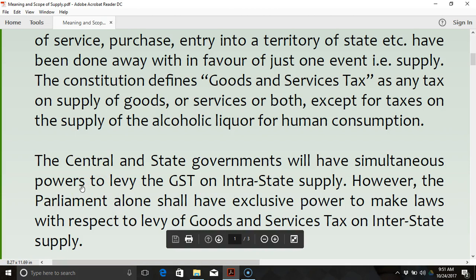No other body has the power to make laws with regard to IGST. So, the Parliament alone shall have exclusive power to make laws with respect to levy of goods and service tax on interstate supply. On interstate supply, IGST is levied, and the Parliament alone will have the power to make laws with respect to IGST.